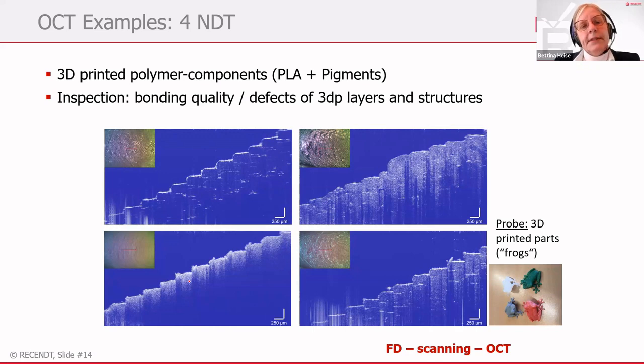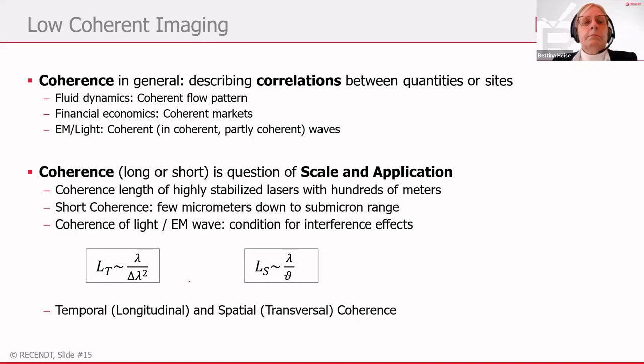So these, let me say, give a bit of motivation why to deal with scattering and why to deal with speckles. That brings me to the theoretical part, to discuss coherence, which is more or less the background, the reasoning why we can get these effects.